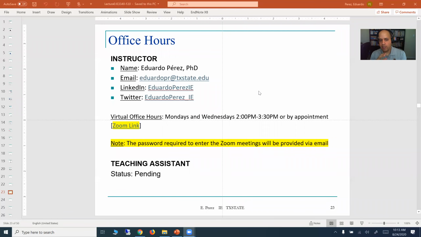But I use LinkedIn and Twitter mostly to share opportunities like internships, since people in my network usually post those through these social networks. So if you would like to get information about those, you can connect with me using those two social networks. But the information for the class itself is going to be provided using Canvas, email, and Zoom.